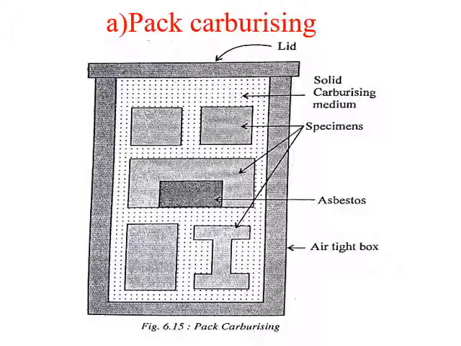Now when we have a concentration gradient, the atoms start diffusing from one surface to the other. This will be controlled with the help of temperature as well as time. You can see it here. This is a container, and this is a lid. We'll open this lid, and you can see here we have a solid carburizing medium. This is the one, you can say, like charcoal.